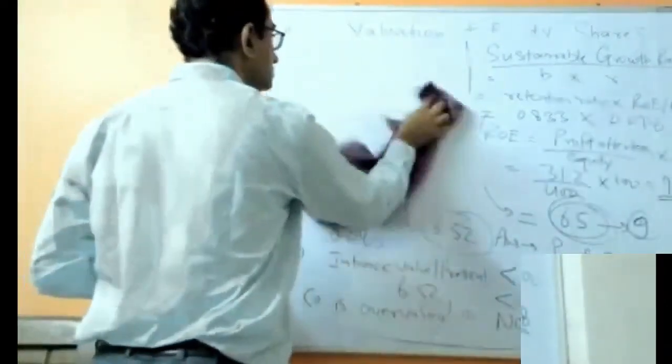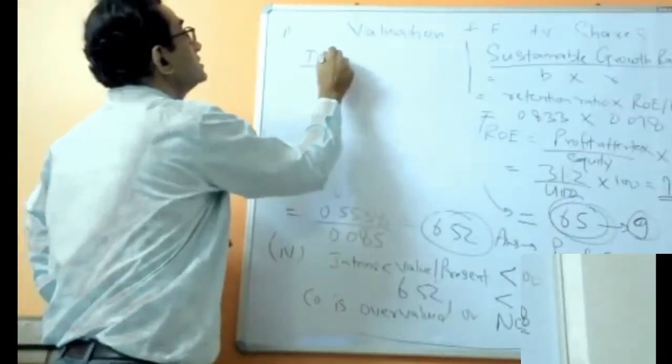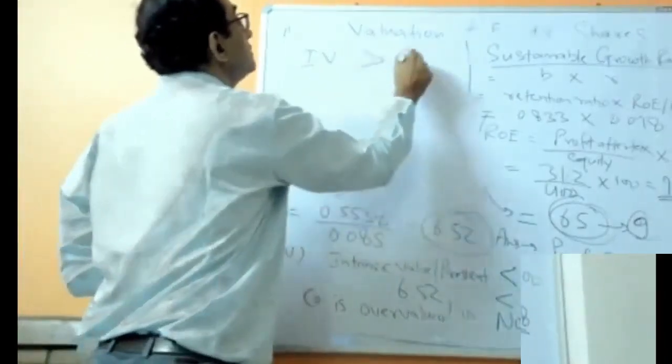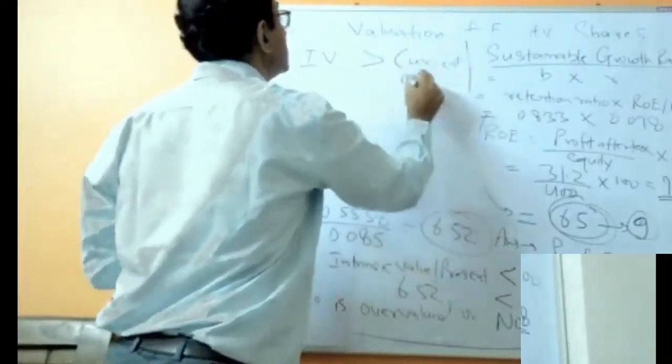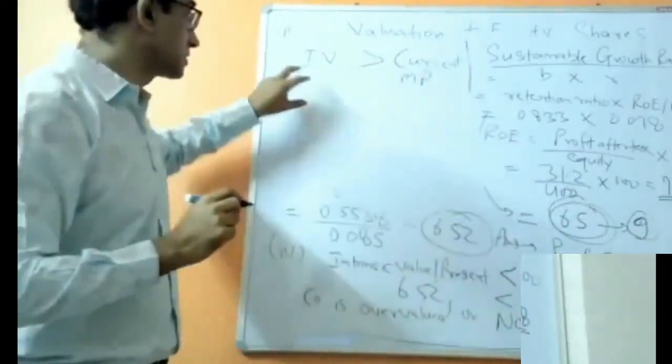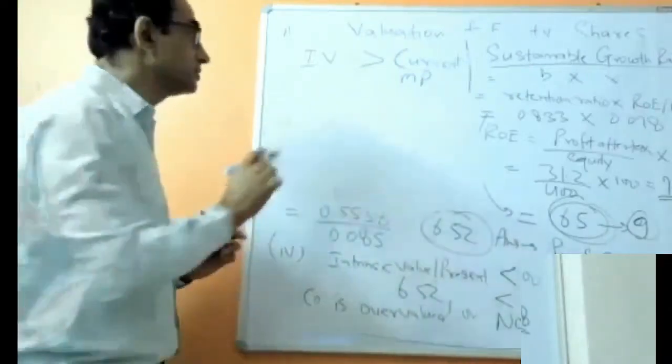I will take an example. For example, intrinsic value is greater than the current market price, or the present value. Let us take a hypothetical, assumed figure.